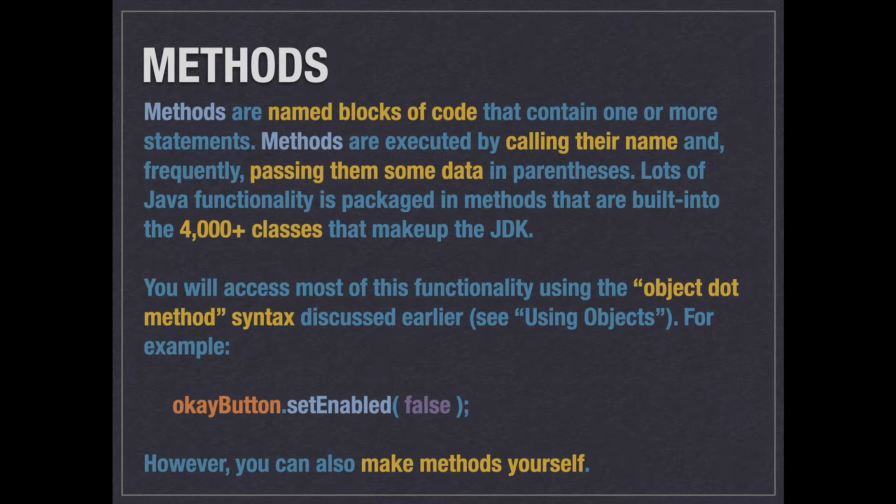So the syntax is object, which is OKButton, dot, method name, which is setEnabled. That's a real method, and you pass it a real Boolean value or conditional statement. So this is now not a fictional method. That is a method that's built in, and I'll show you how to use your IDE to learn more about the built-in methods in Chapter 3.